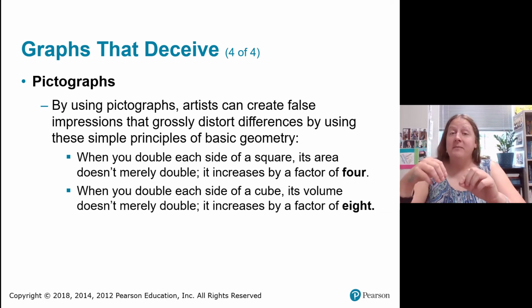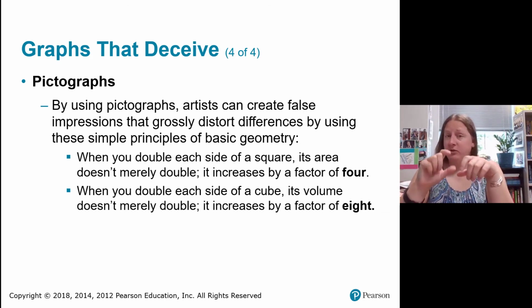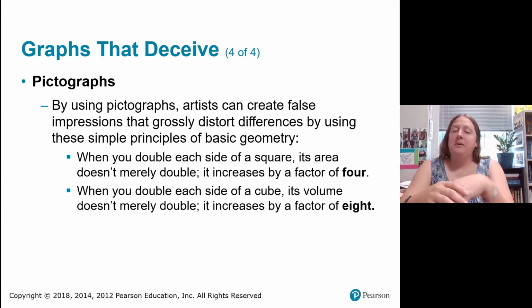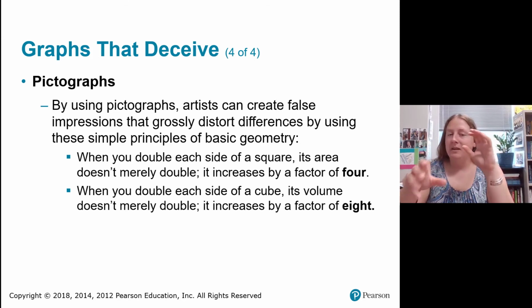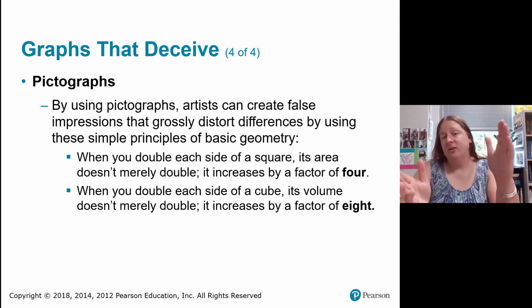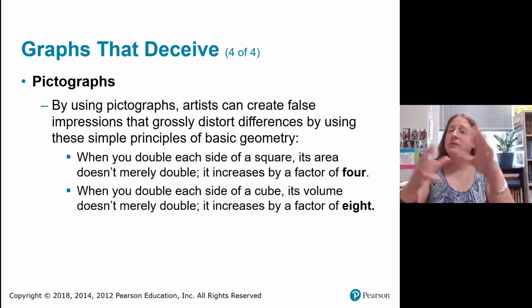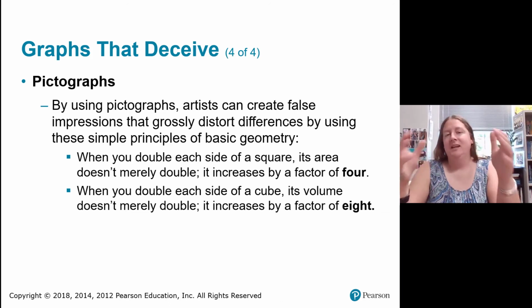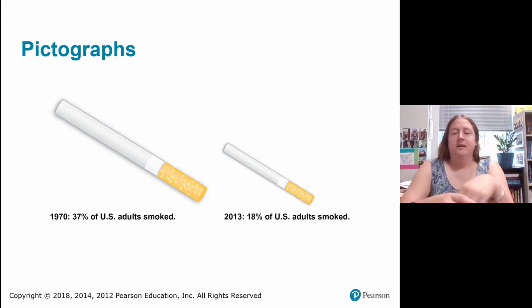If you have a 3-dimensional object, like a cube, and you double the length of the side, you're increasing the volume by a factor of 8. So you were trying to show how things were based on the length of a single side, but when you scale the entire drawing, it ends up misleading.